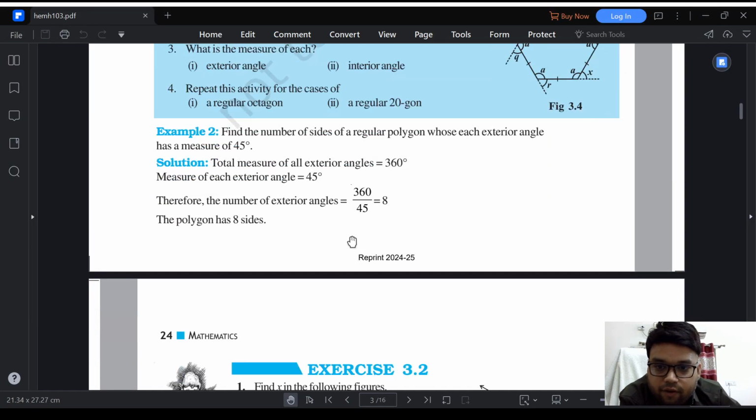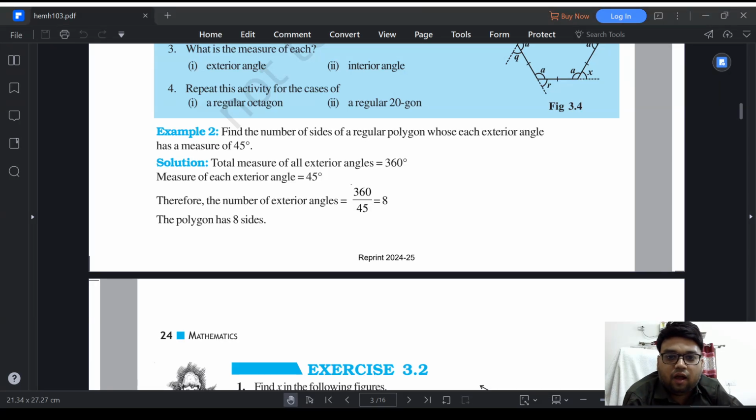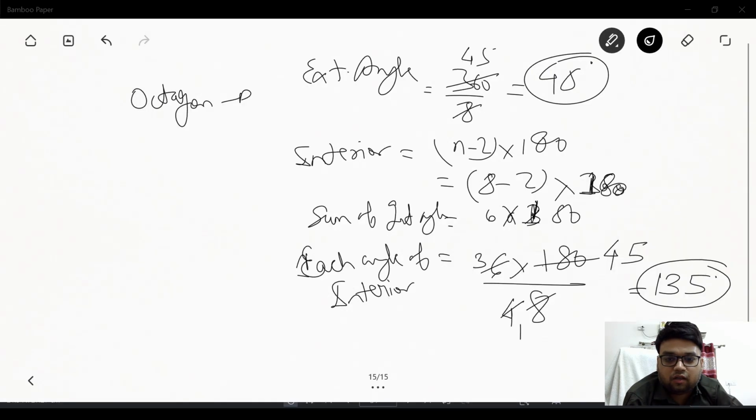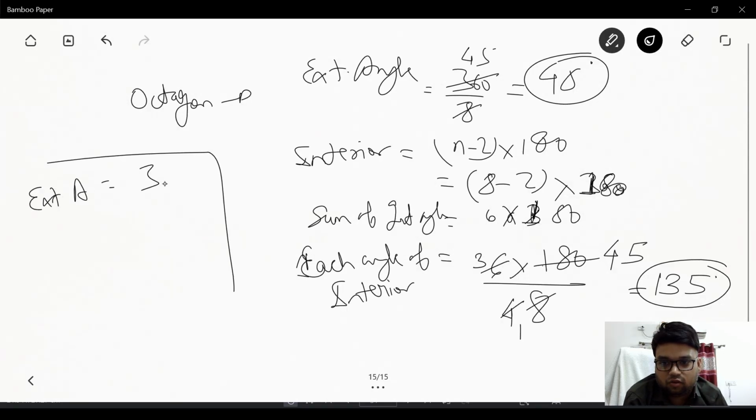Now moving forward, example number 2: find the number of sides of the regular polygon whose each exterior angle has a measure of 45 degrees. Simple: 360 by n degrees, 360 divided by one exterior angle, equals n. As I explained with the help of the formula, your exterior angle is equal to 360 by n, where n is the number of sides.